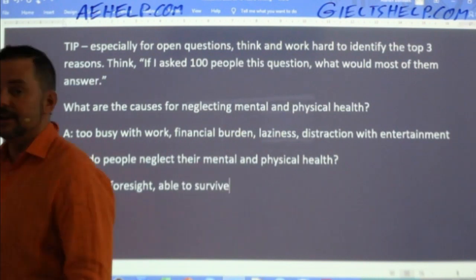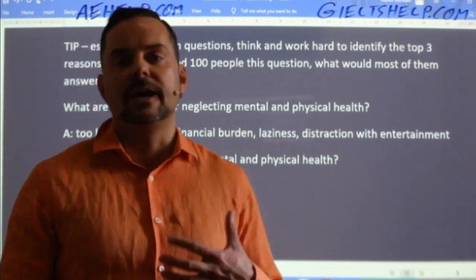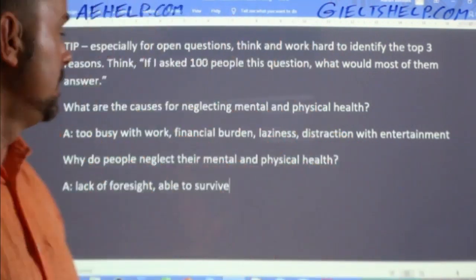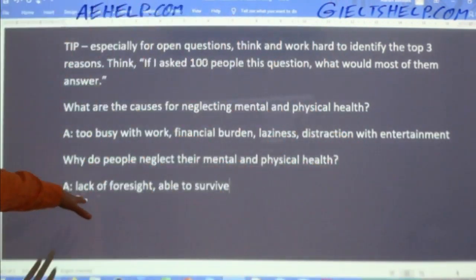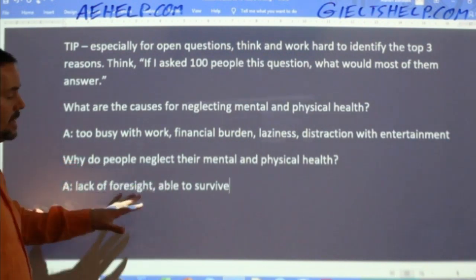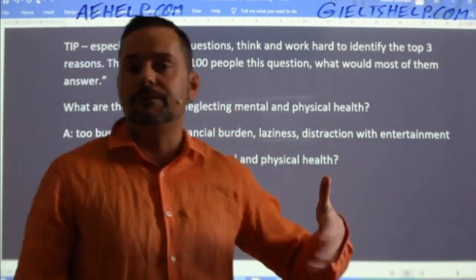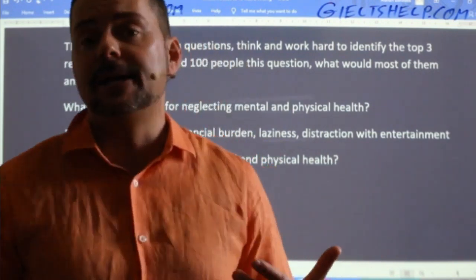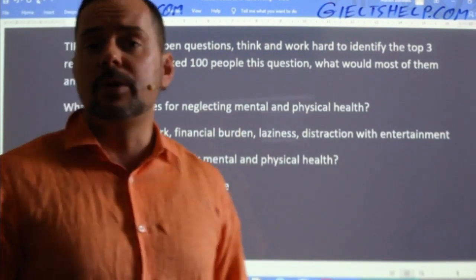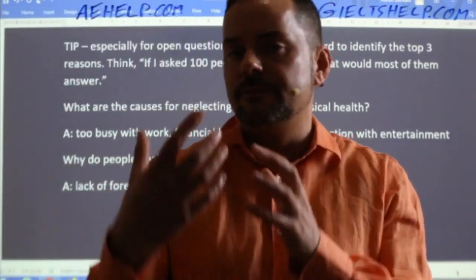Foresight, yeah, like that. Lack of foresight and being able to survive. So what I'm saying here, okay, and yes, Tito, exactly. So lack of awareness as well. So people neglect their mental and physical health because they're not thinking about the future, right? And because they're still able to survive. If we had to go, and this is again a lot of the visualization.